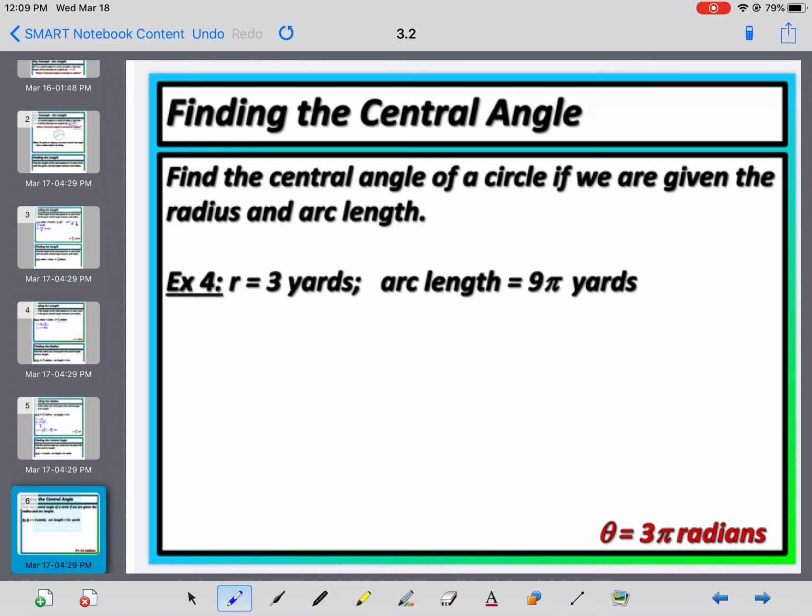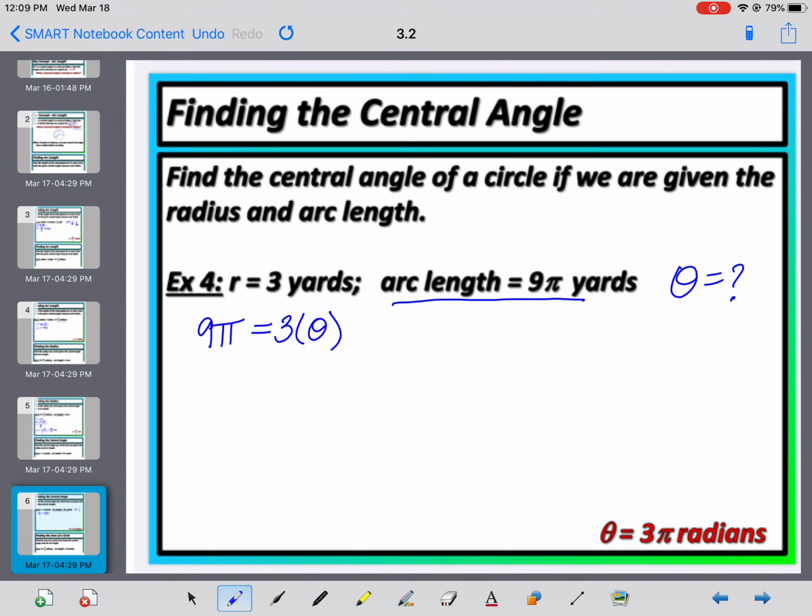Now same idea again, you're being given the arc length, and if R represents the radius, then that means we are looking for our central angle. So 9 pi equals 3 times theta.